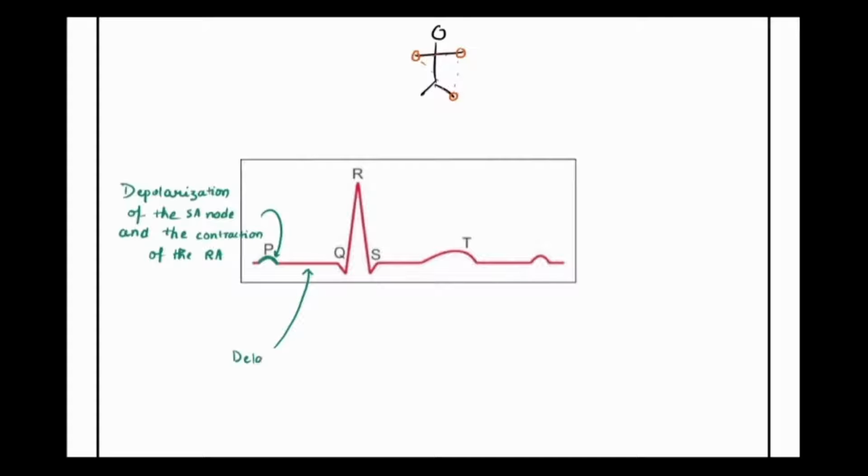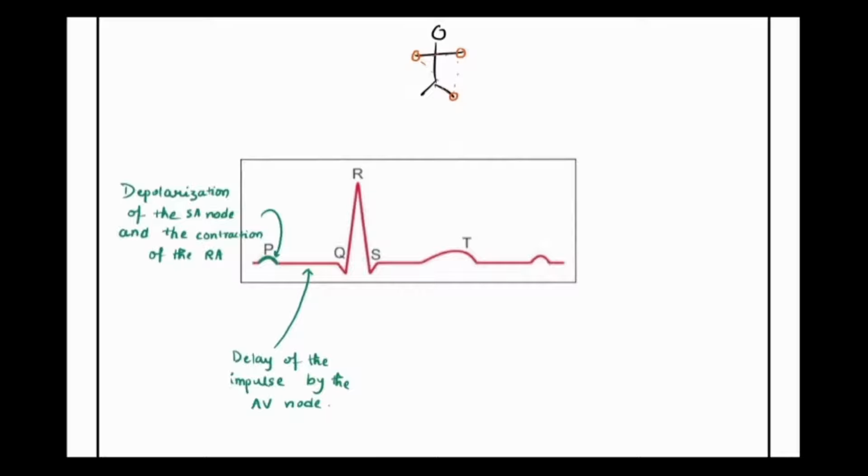This is the delay of the electrical impulse by the AV node. Now we know that the SA node fires the electrical impulse, it gets received by the AV node, from where it goes to the bundle of His, from there it goes to the Purkinje fibers, and that's how it is transmitted throughout the heart.